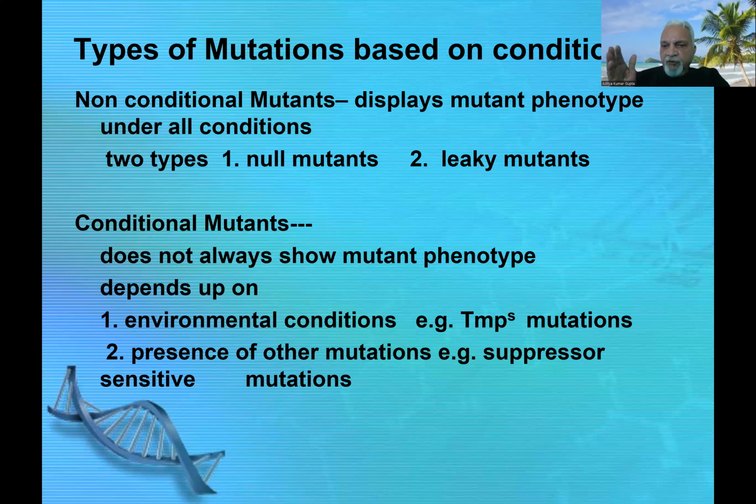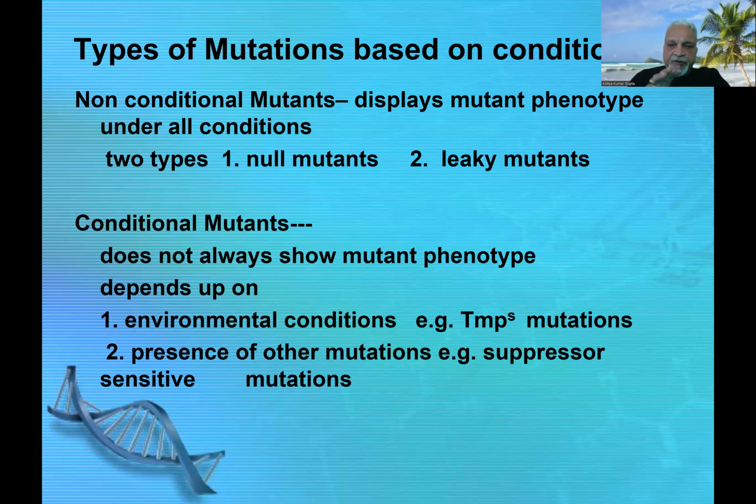Leaky mutants or leaky mutations are those in which some members of the mutant population show a weak mutant phenotype, or slight features of the wild type phenotype. Okay, so some individuals show a weak expression of the genes, and therefore they show some characteristics or features of the wild type phenotype.